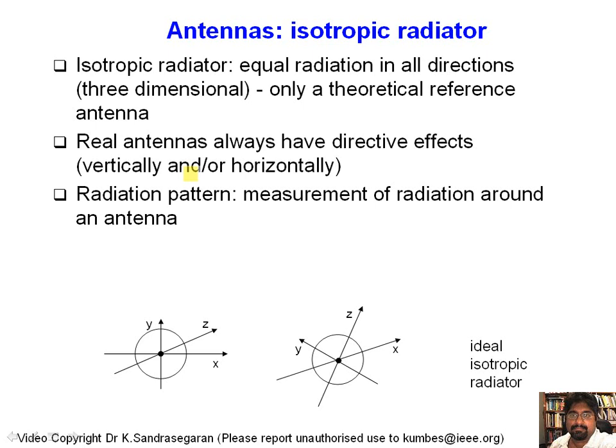So if you look at it, its radiation pattern is like a sphere because it emits power equally in all directions. Now, an isotropic antenna is not a practical antenna because it's impossible to construct one. But in terms of comparing it with other antennas, it provides a good reference. So this is why whenever you see the gain of an antenna, you'll always see dB and then a letter I at the end of it, and the I refers to an isotropic antenna.